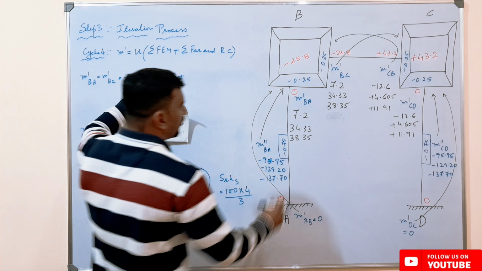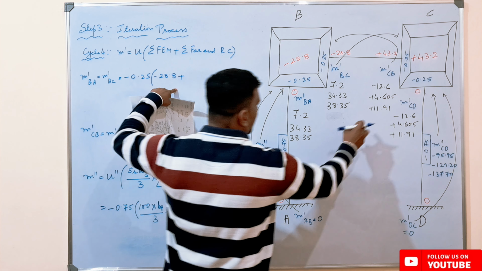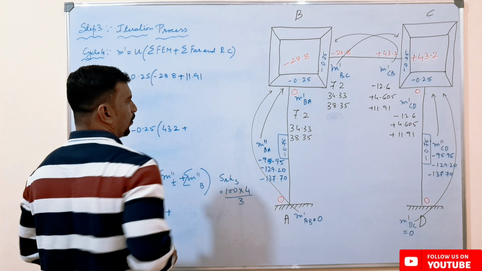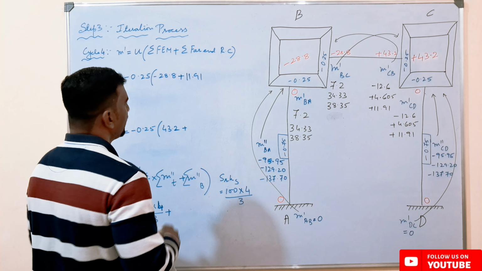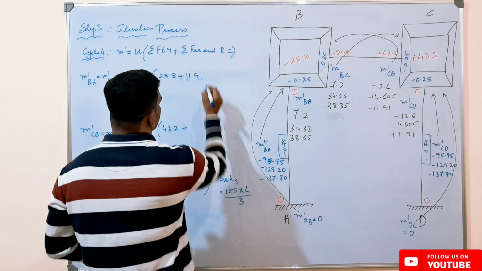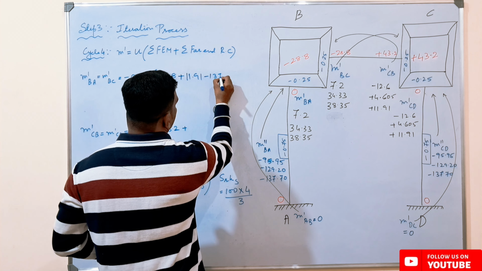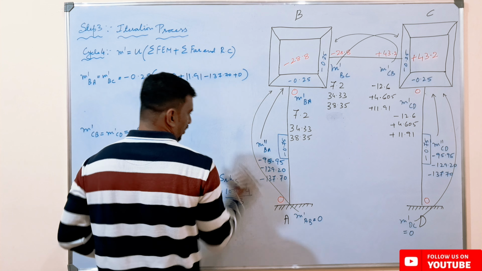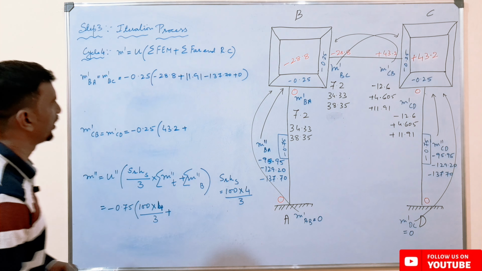So here the far end rotation contributions, now we are having a new value over here, that is plus 11.91, and also we are having a new value that is minus 137.70, and it is plus 0 for m dash AB over here.